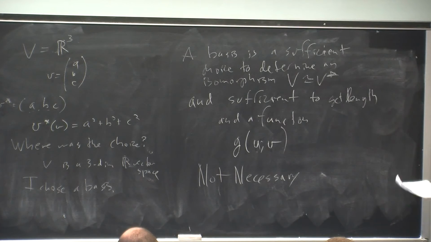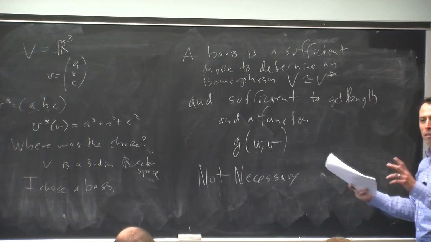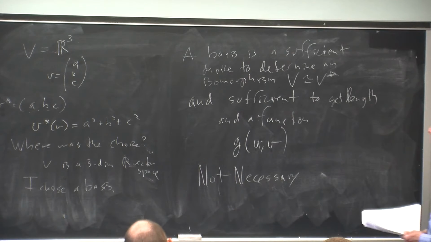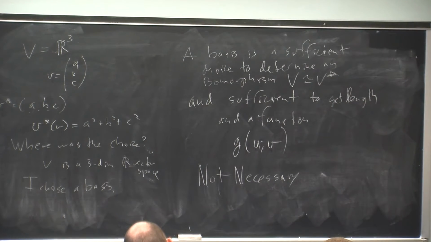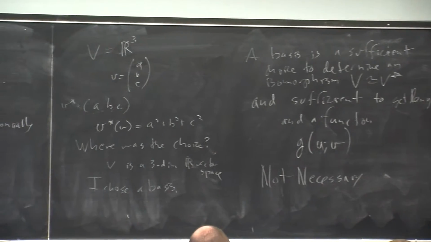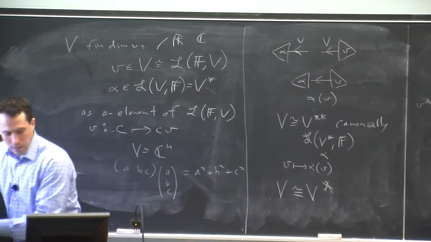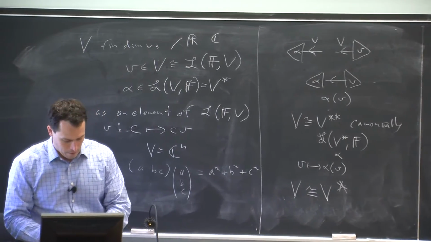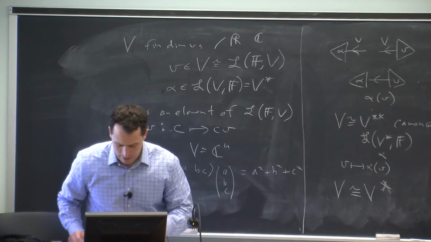Or another way of saying it is that no matter what basis I choose, there must be some way that I can have the same answer for the length of a vector in three-dimensional space. So let me say a couple of other ways what the desiderata of this piece of data is, and then we'll say what that data exactly is that we need in order to make that smaller choice.